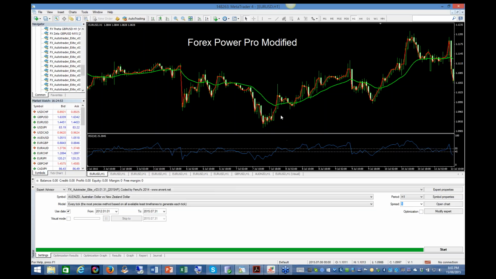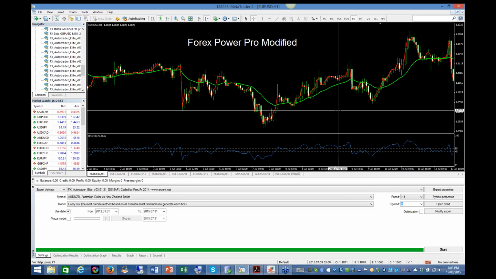The strategy as is would then mean that when the red line crosses the green in upward direction and RSI is above 55, we would enter a buy trade. And as you can see, that could work quite nicely. But when you backtest this for a while, you find that you get negative results.